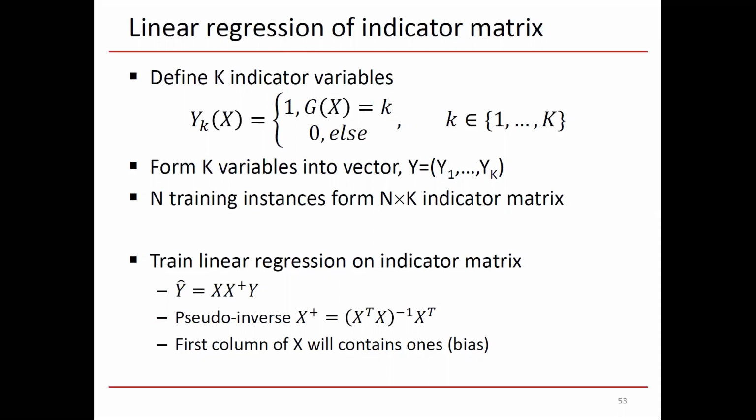Recall that we're choosing the class lowercase k for which the linear or affine functions that we train give the largest one for each of the x's. So this approach attempts to find y hat from the training data that does that well.